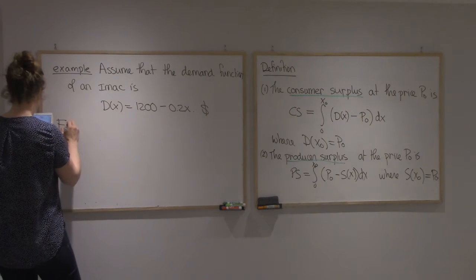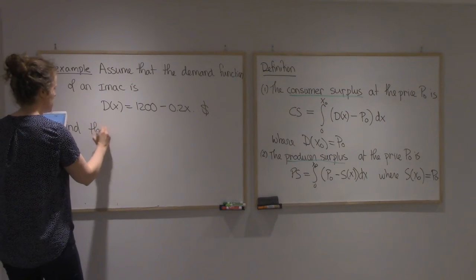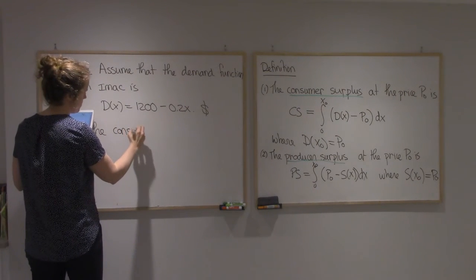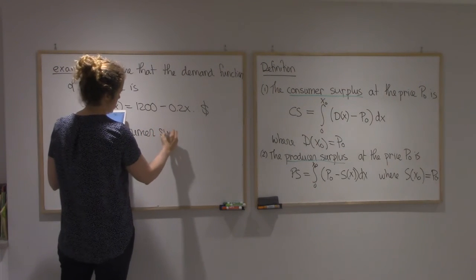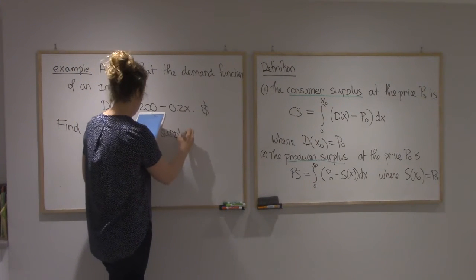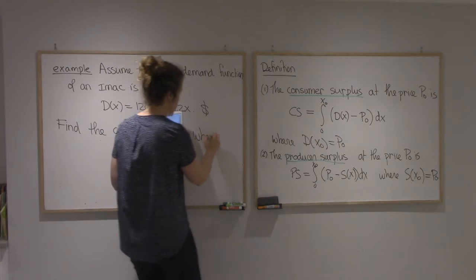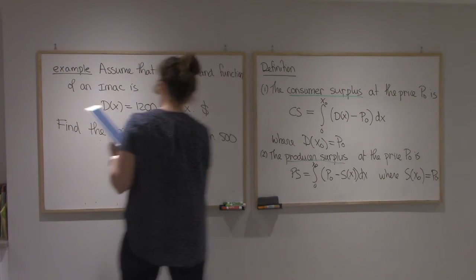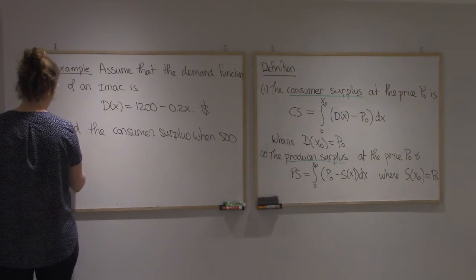So find the consumer surplus when 500 units are sold.